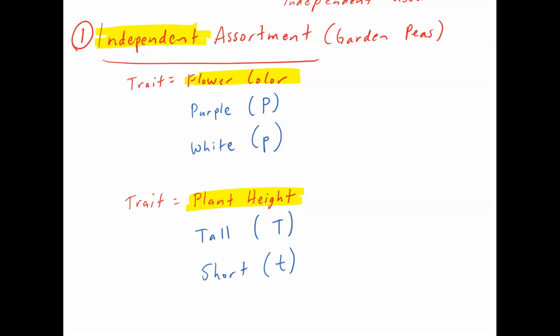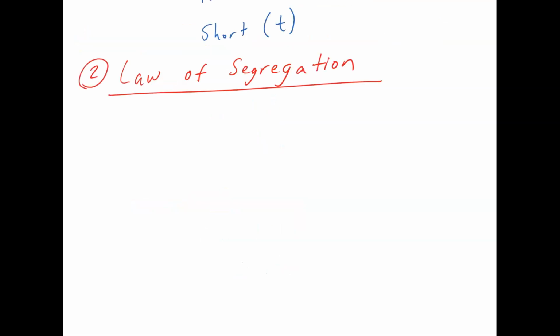Now let's take another good look at the law of segregation before we dive into our dihybrid cross. So for our law of segregation, let's stay with our flower color example.